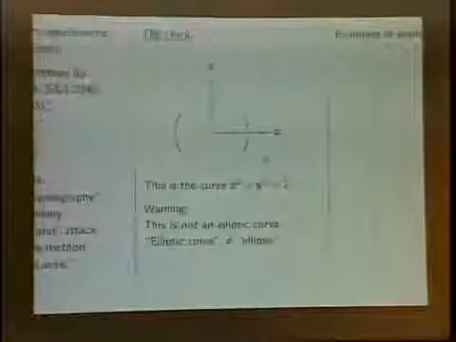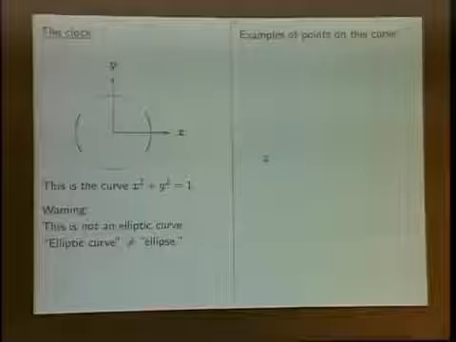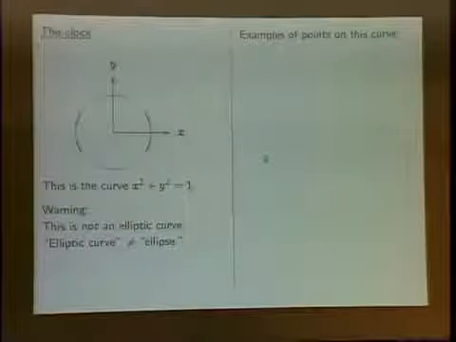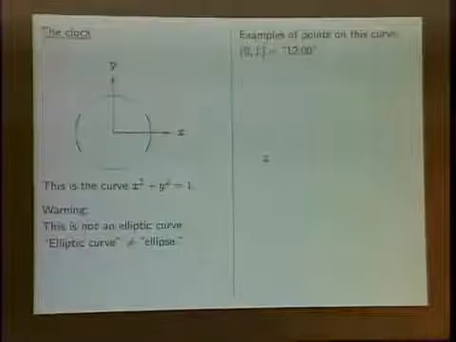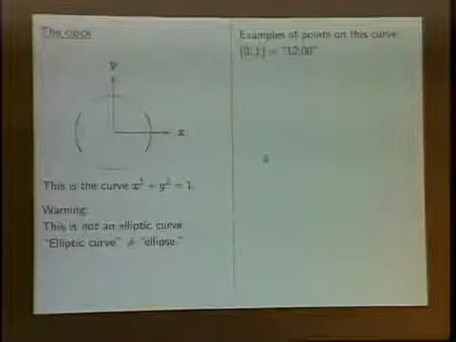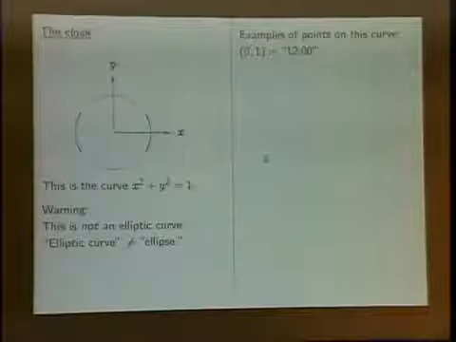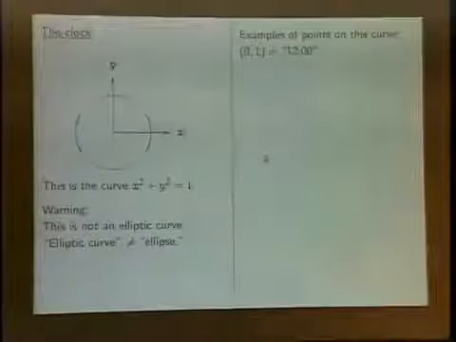Okay, just in case somebody has forgotten what these things look like, it's kind of quaint. So, some examples of points on the clock. When you look at this pocket watch, you find the 12 o'clock point up there. In mathematical coordinates, we have 0 in the x direction and 1 in the y direction. And then there's more points.